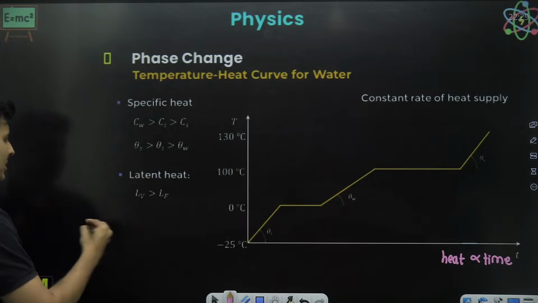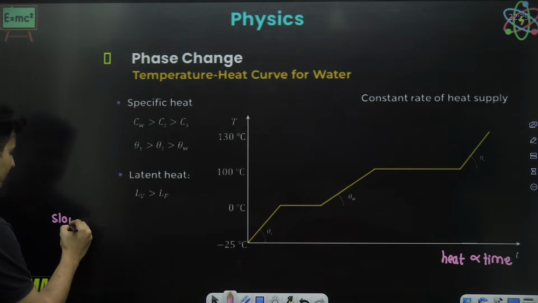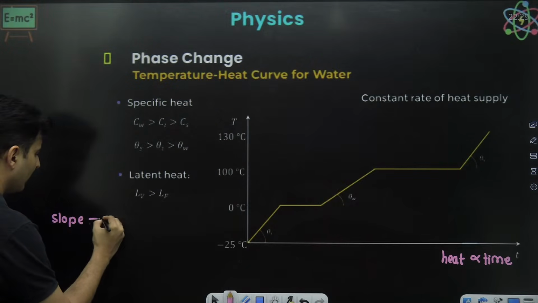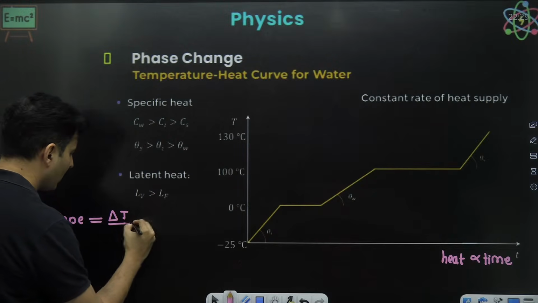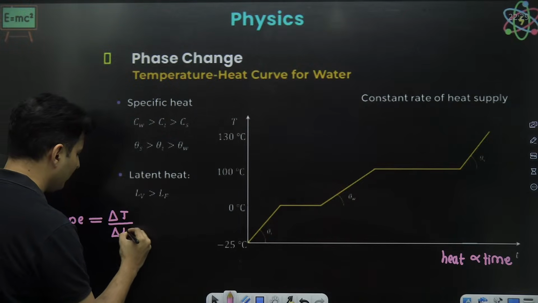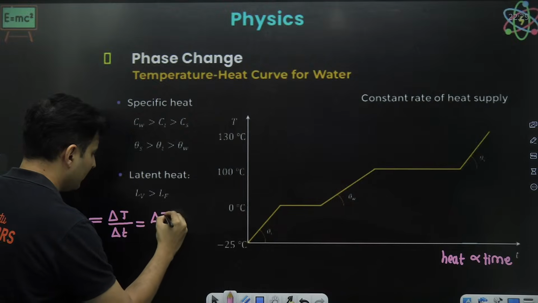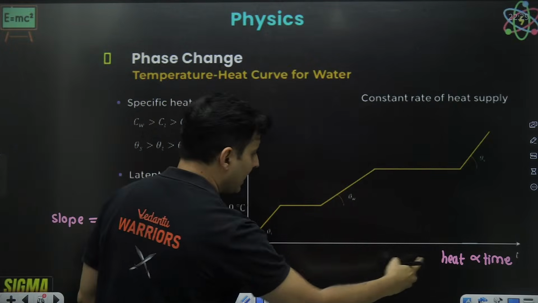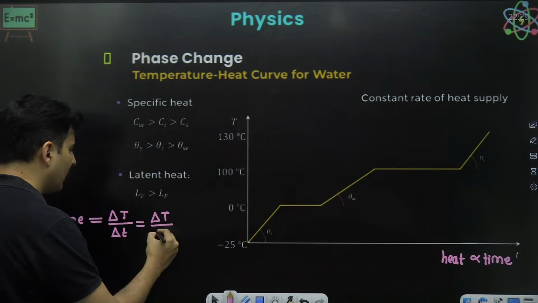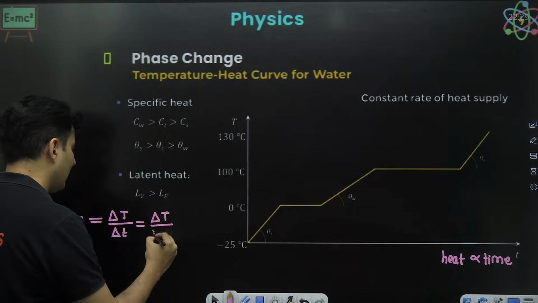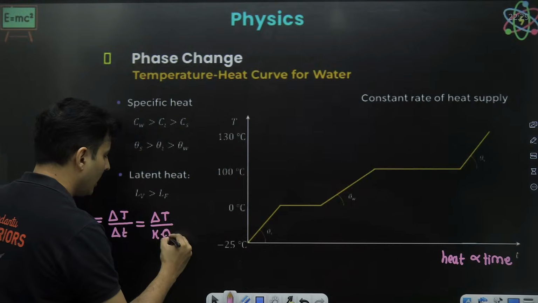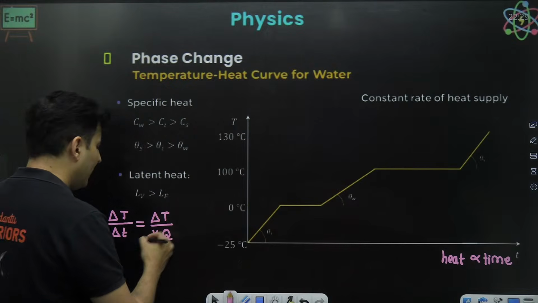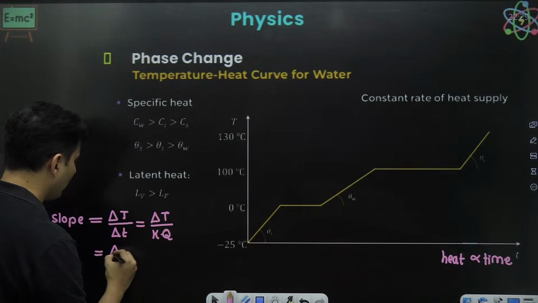Now the slope of this particular graph will be nothing but the temperature change divided by the time interval. The time interval, as I said, is directly proportional to the heat. So delta T will be some constant, I will put it as K, into the heat. But wait a minute, I know the formula for heat.